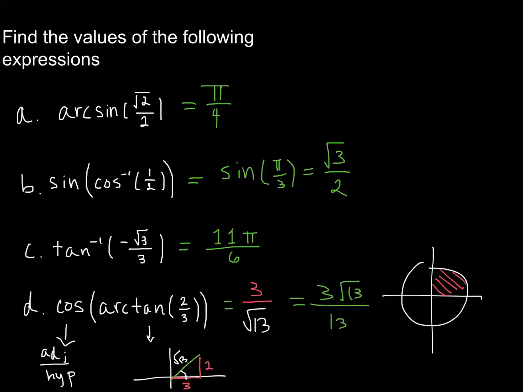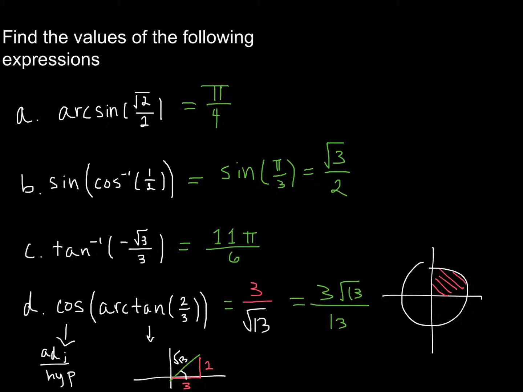And so we know that the rise is 2 and the run is 3, and so we can construct this angle. Notice that the radius is not going to be 1 for this if we were to draw a circle that went all the way around, right? And so what we need to do is think about what the sine, or in this case the cosine, of this angle will be.